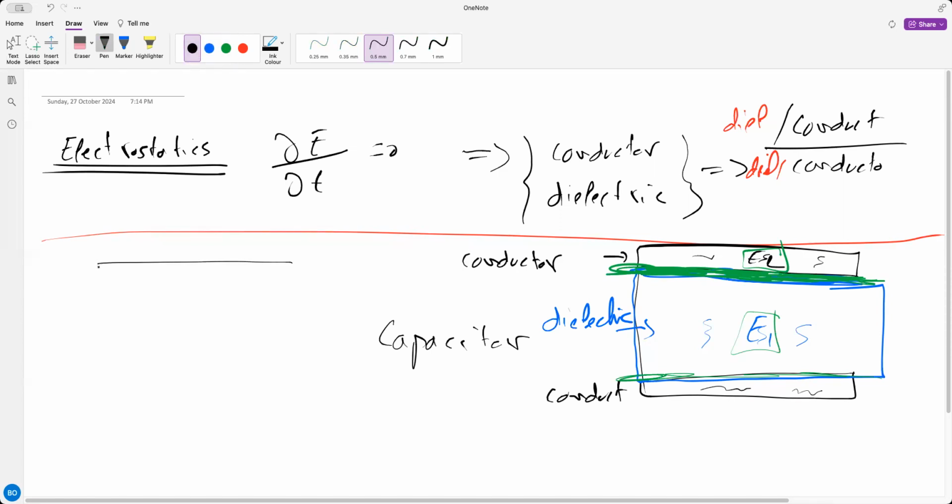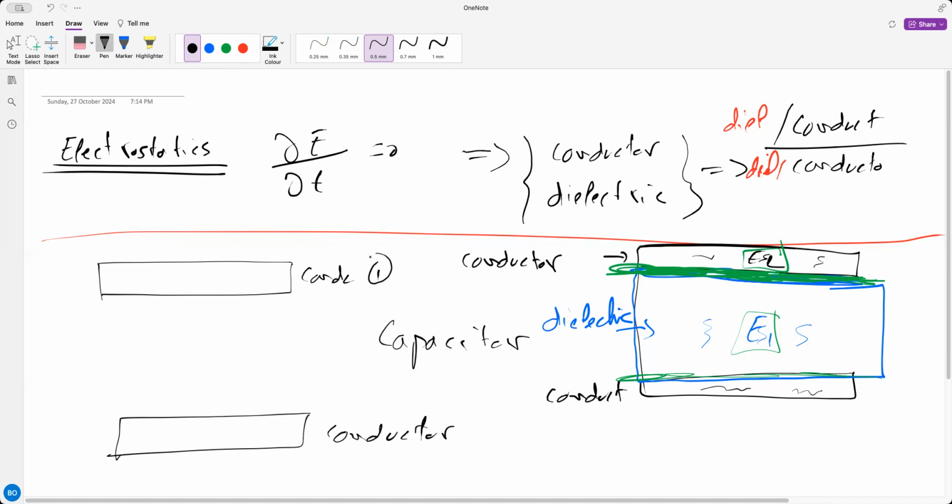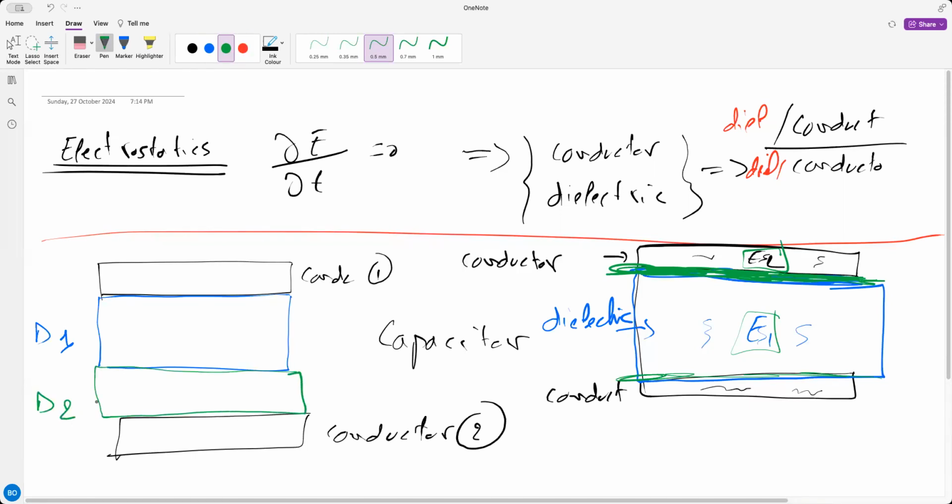You can also have something like that. This is a capacitor, here you have a conductor, here you have another conductor, even another type, conductor number 1, conductor number 2, not the same. And in many applications, we have different dielectrics. I have dielectric number 1, and I have dielectric number 2. So here it's even worse, because this is a contact between conductor number 1 and dielectric number 1.